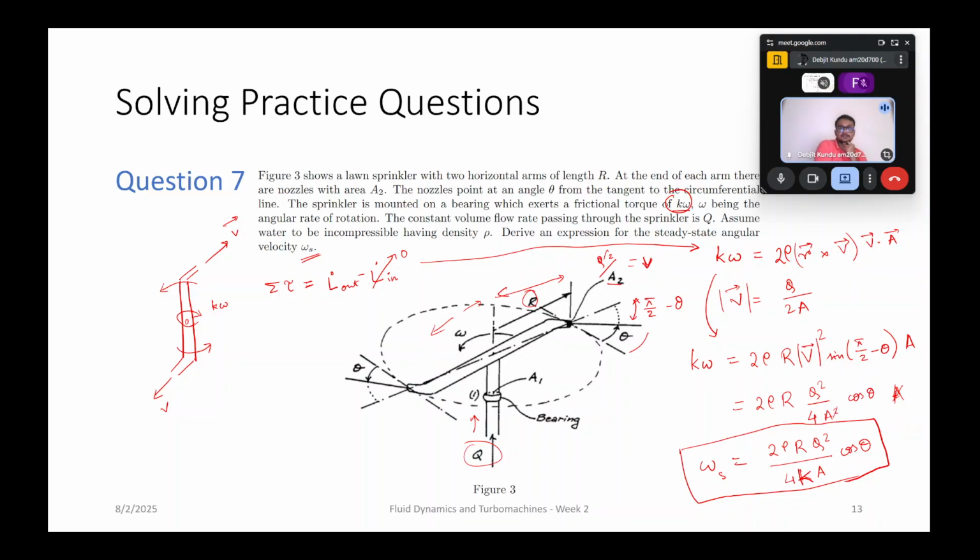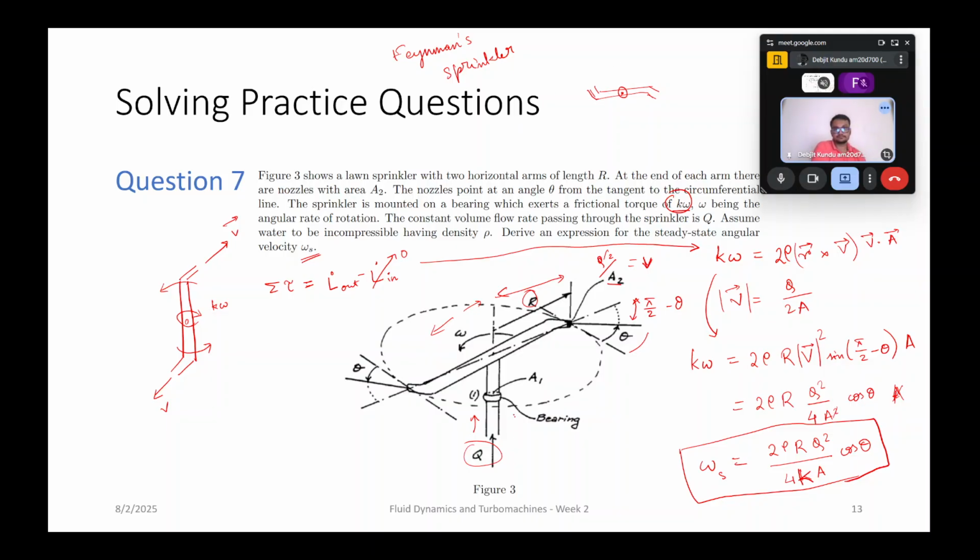Now, there's an interesting segue from here, which is known as Feynman's sprinkler, which sort of proposes an opposite scenario of this. So let's say I dip the sprinkler into a whole bath of fluid. If this is water flowing out, let's say I dip this whole sprinkler inside a bath of water.